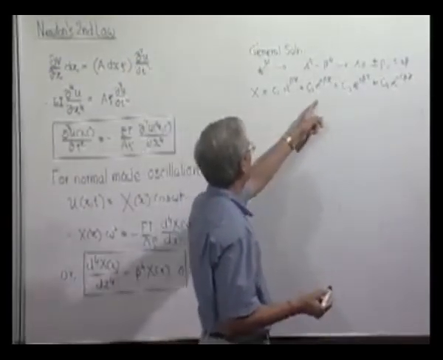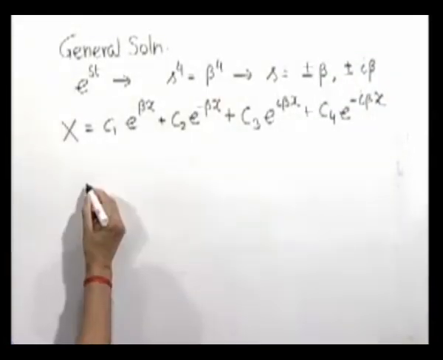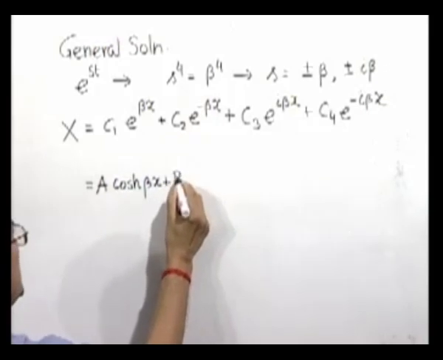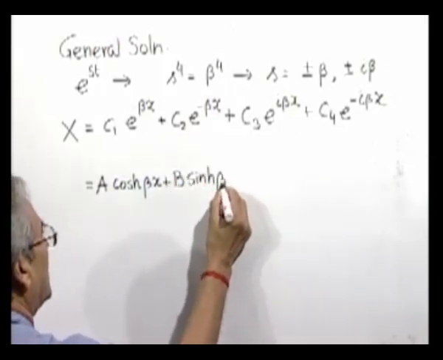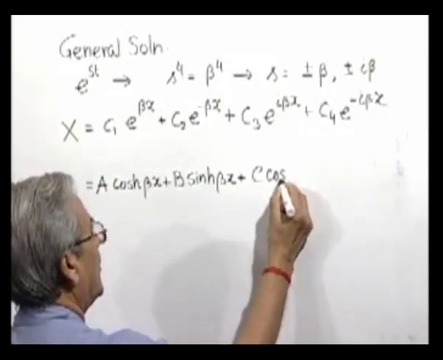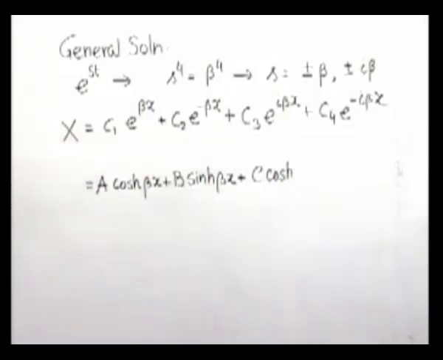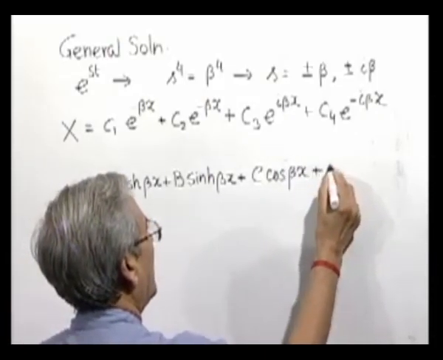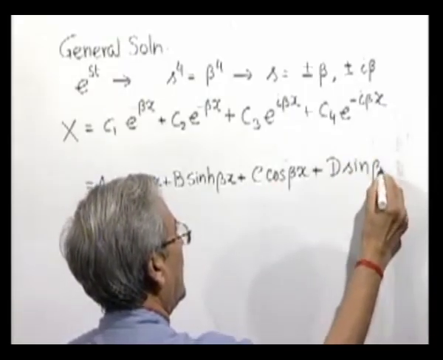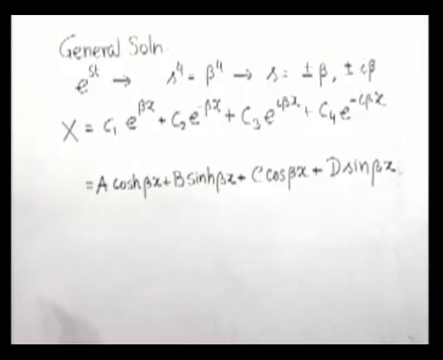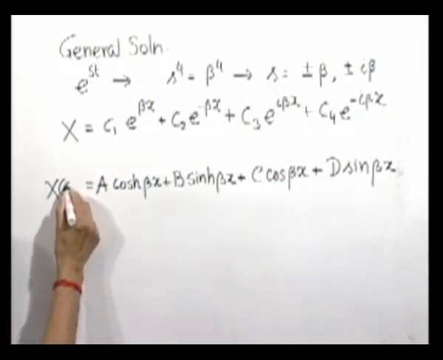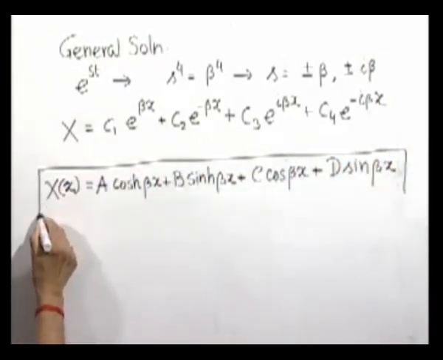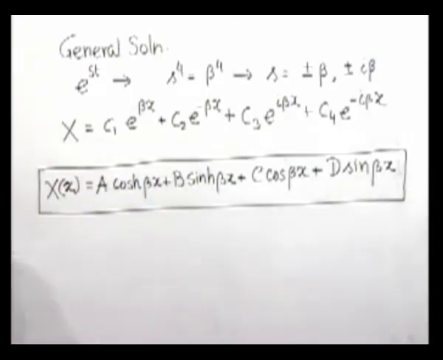This will lead to a hyperbolic function, this will lead to a harmonic function, or you can write like this: A cosine hyperbolic beta x plus B ... and the A, B, C, D, etc., including beta, will be determined by the boundary conditions.